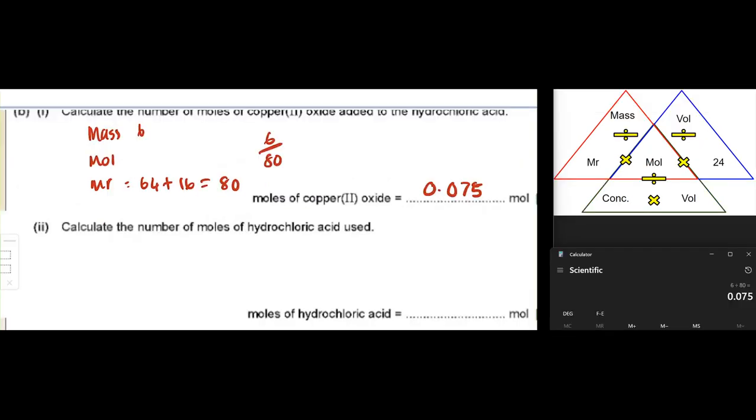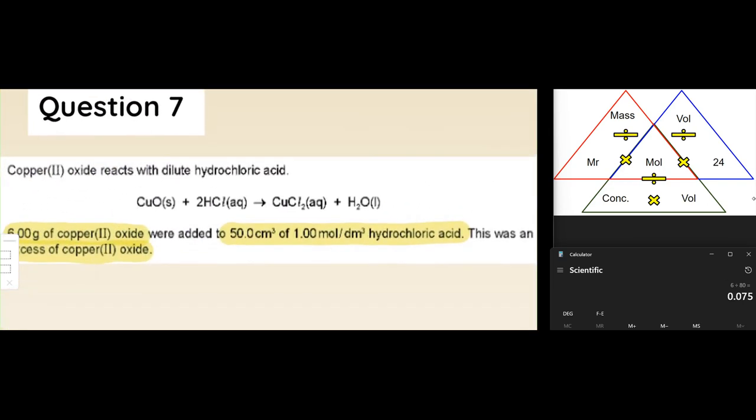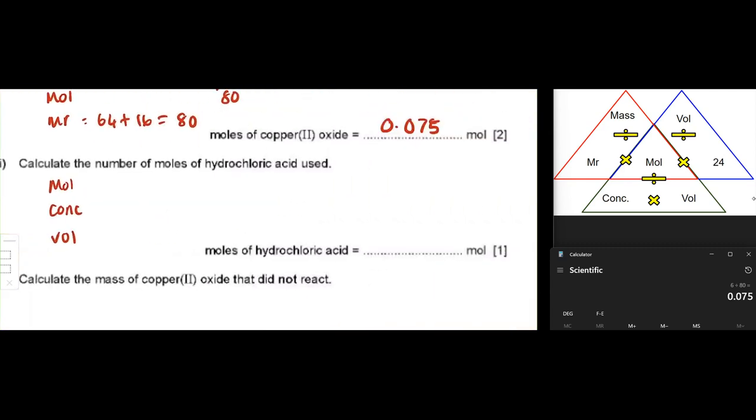Now it's asked us to calculate the number of moles of hydrochloric acid used. For this, we know that all acids are aqueous solutions, so we're in our aqueous green triangle at the bottom, the moles, concentration, volume triangle. The question tells us we've got a concentration of 1 mole per dm³, and a volume of 50 cm³.